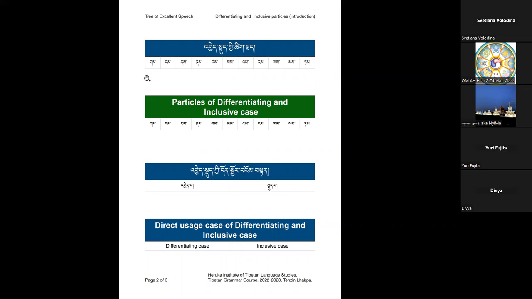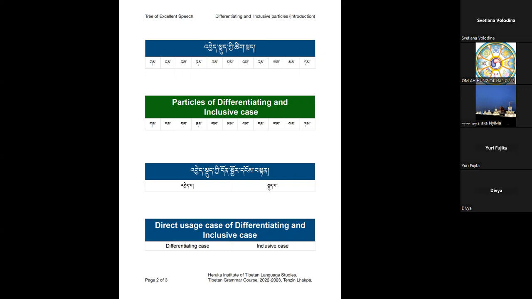So these are the 11 particles: kham, ngam, tham, nam, pam, ram, lam, sam, tam. So 11 of these are the particles of differentiating and inclusive case. Okay, so chedu, which means the direct usage case of differentiating and inclusive case.